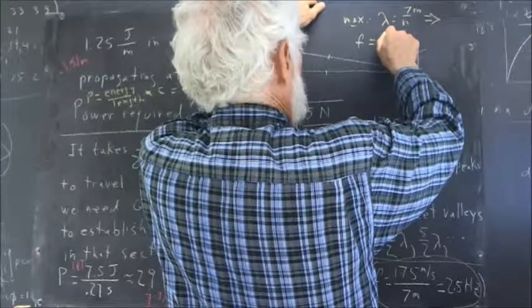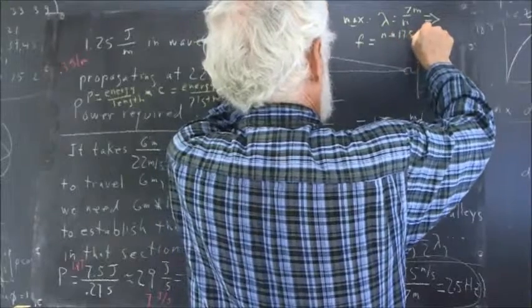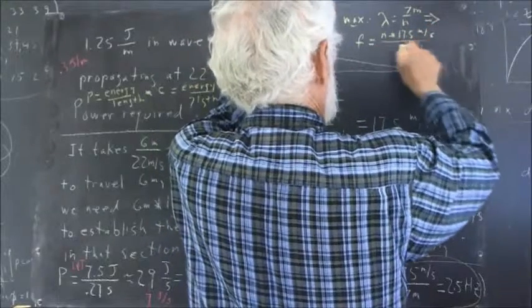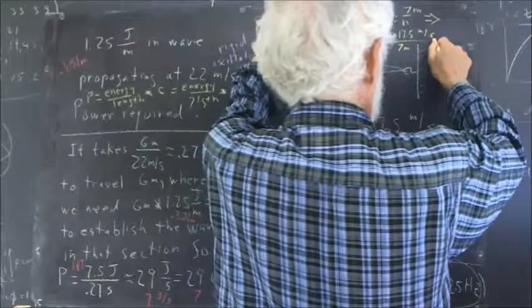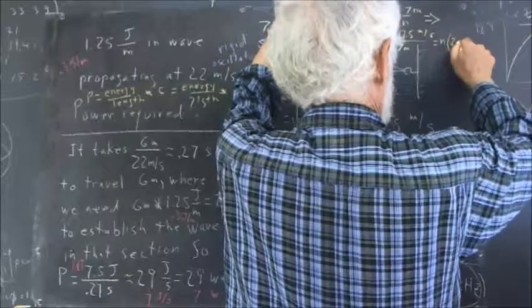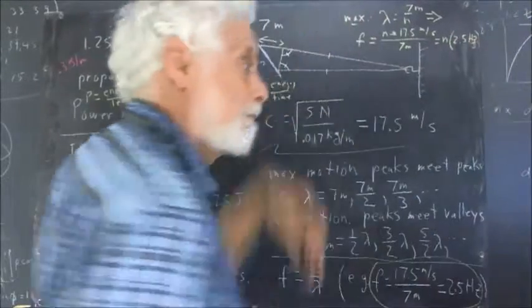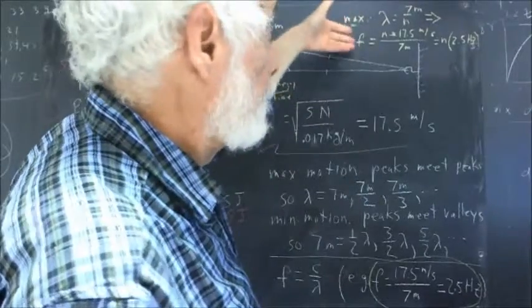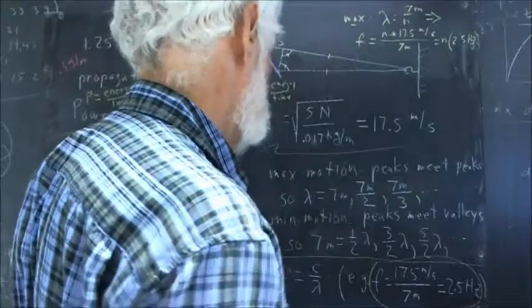It's going to be n times your 7.5 meters per second divided by 7 meters, which is going to be n times 2.5 hertz. Okay, so you should be able to formulate that, having solved it, formulate it in mathematical terms.